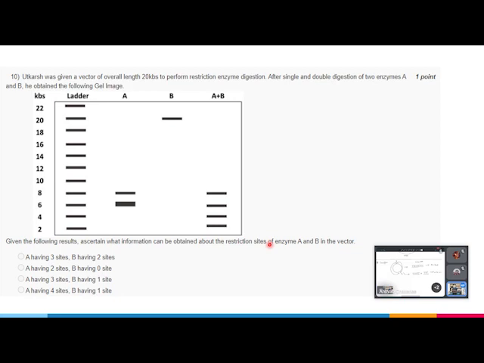Similarly, if we have one more site, then we will have three bands. So this means in case of a circular vector, the number of restriction sites equals the number of bands.